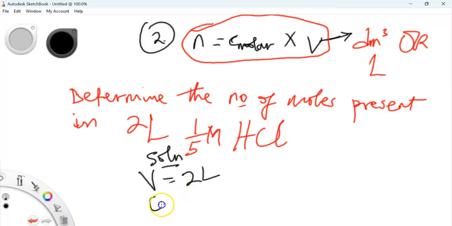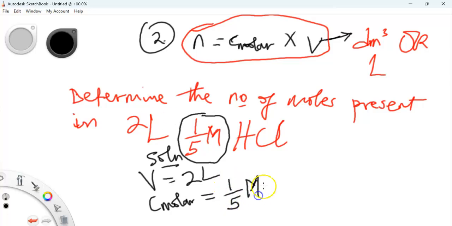Then they gave us molar concentration. Any concentration that is in form of molar is a molar concentration, or we call it molarity. So it is equal to 1/5 molar, or you can say this is equivalent to 1/5 mole per dm cube.